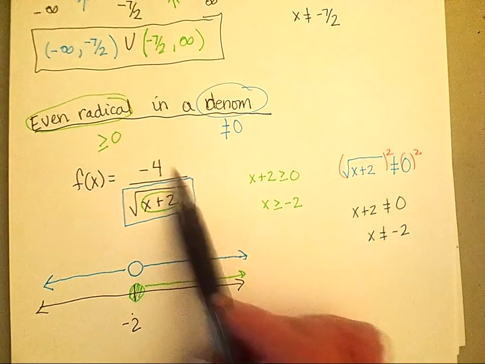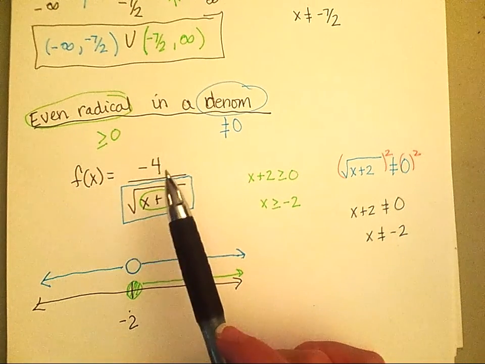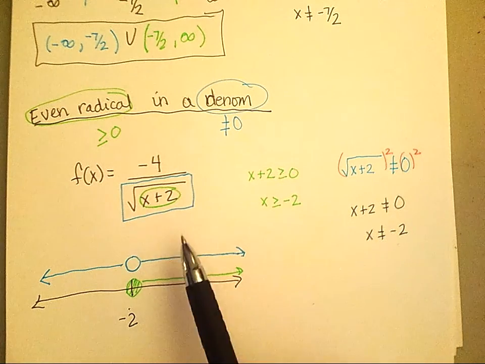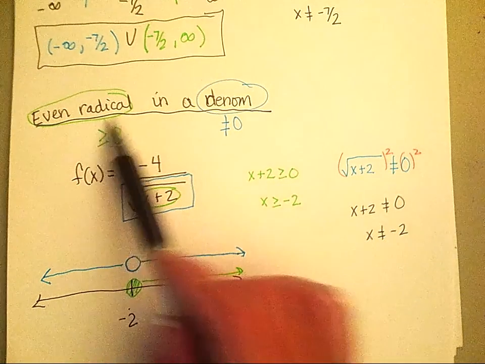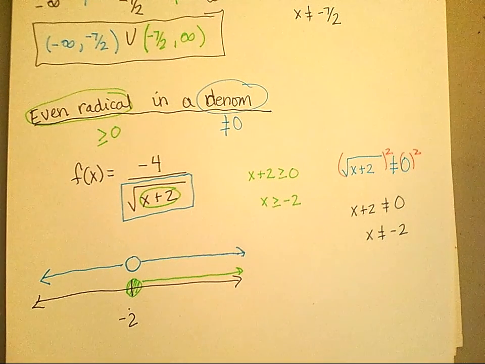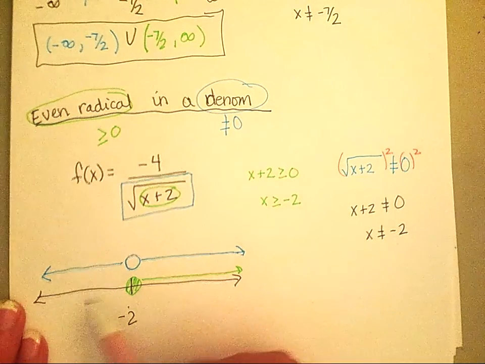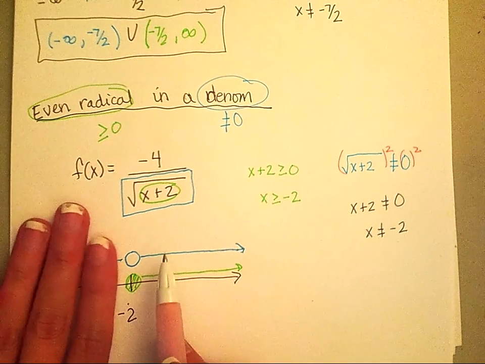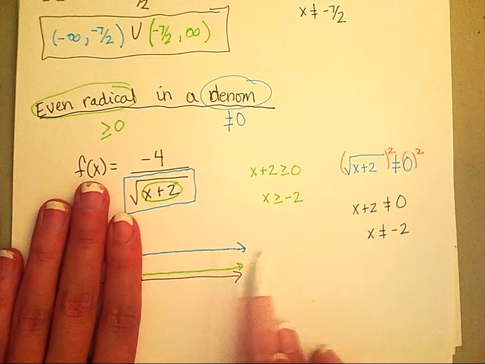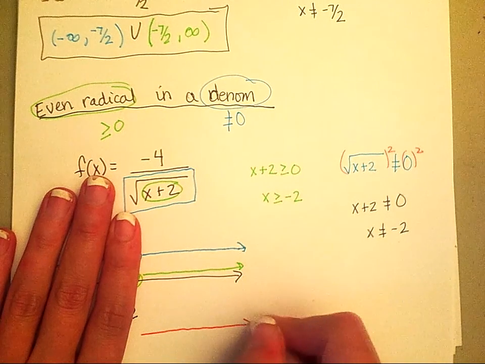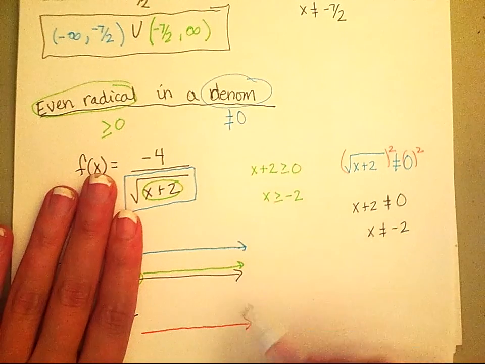So what's the answer for our function? Well, for its domain to work, everything must work, the even radical and the denominator. So we want to take the intersection of those two. Where it's true for both values, here it's only true for blue, not true for green, so we'll exclude that. Beyond here, it is true for both the blue and the green.